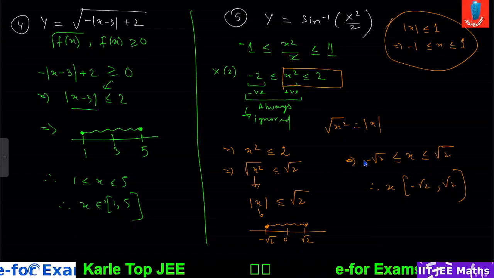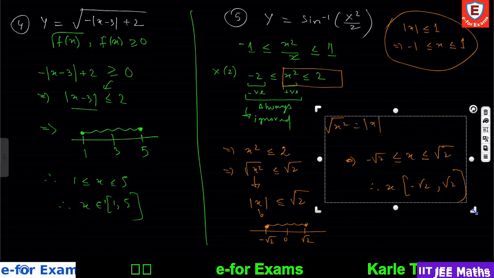If I use that method, let me create some space.